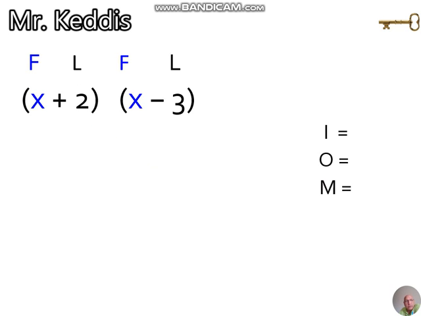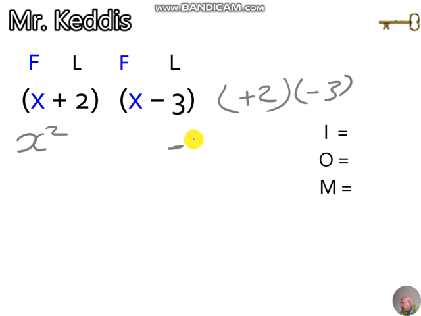The second one. X times x is x squared. Last times last, which is positive 2 times negative 3. Positive times negative, I get negative. And 2 times 3 is 6, which means the last term is negative 6. To find the product of the inner terms, this is the inner term, which is positive 2x.